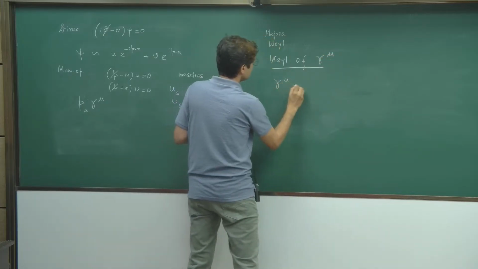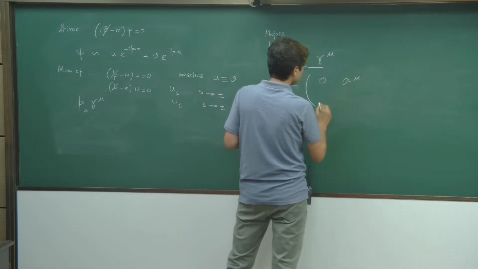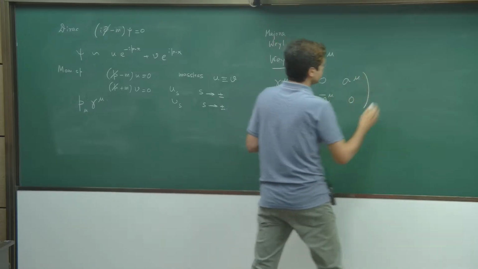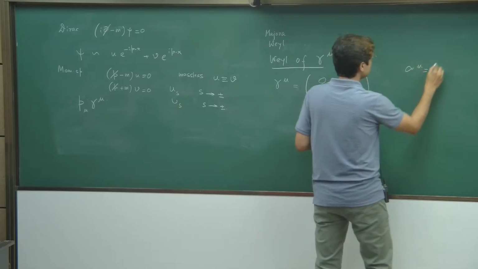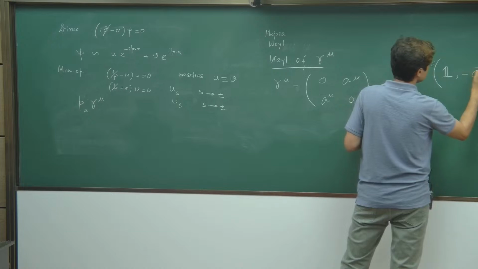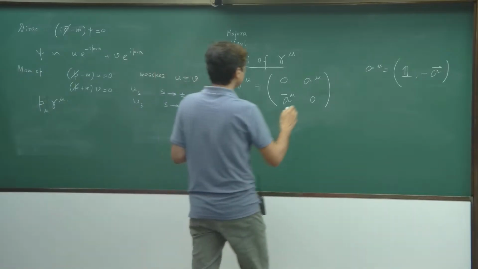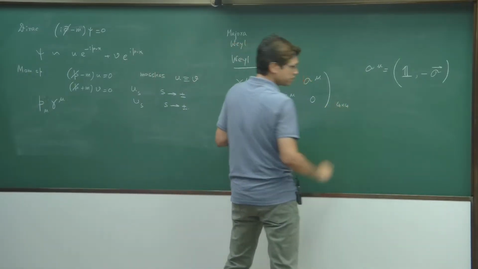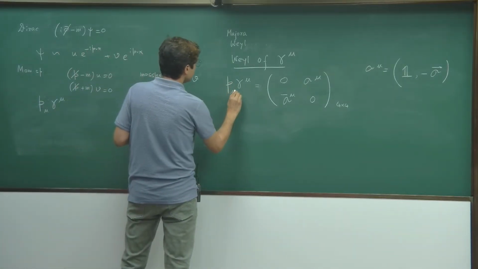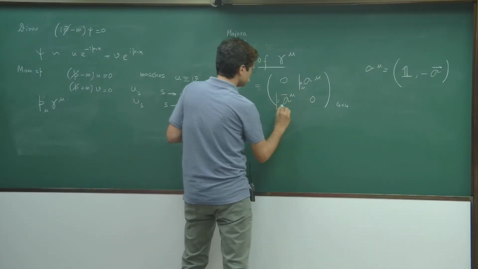Gamma mu is defined in this representation as 0, sigma mu, sigma mu bar, 0, where sigma mu is basically identity minus Pauli spin vectors, and this is a 4 cross 4 matrix. Now if I do p mu gamma mu, what will I get? I will get p mu here, right.